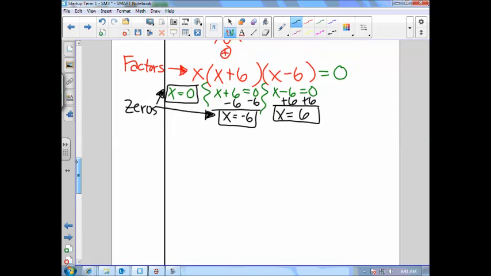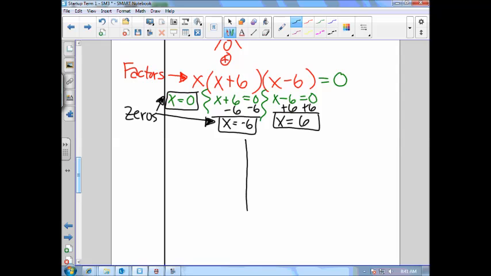So we're going to now graph these. Please draw the graph with an x-axis and a y-axis. These 3 values we just came up with, 0, negative 6, and 6, are where the graph crosses the x-axis because they're called x-intercepts.